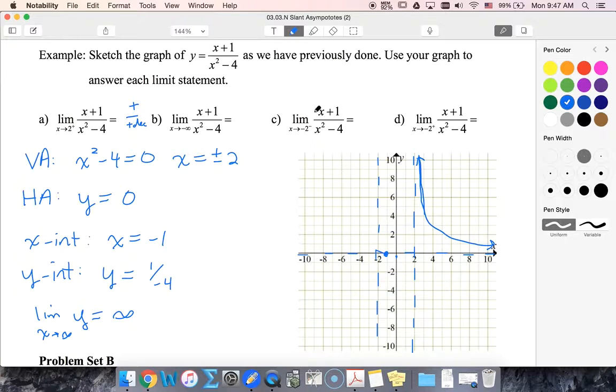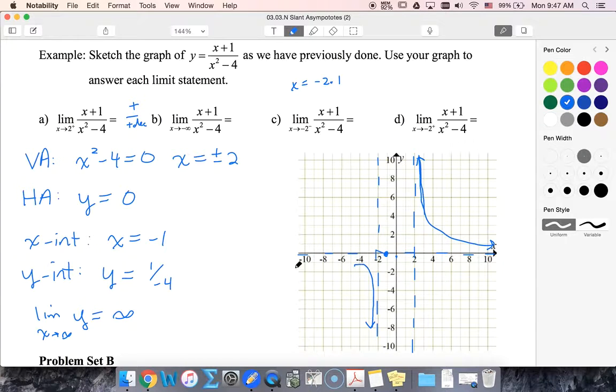What's going to happen there? I'm thinking about values like x equals -2.1. That's going to be negative on top, positive on the bottom. So negative divided by positive would make a negative value, which tells me that I'm approaching negative infinity on this side.